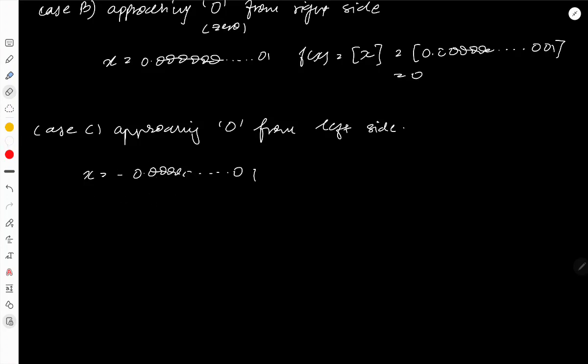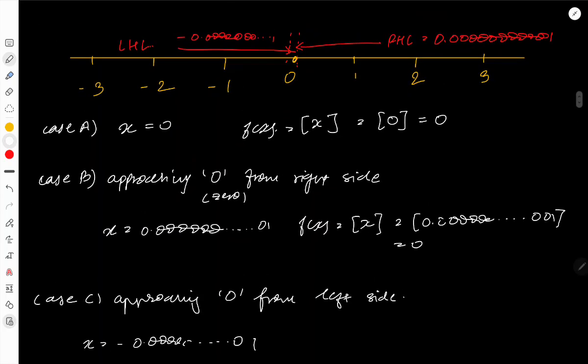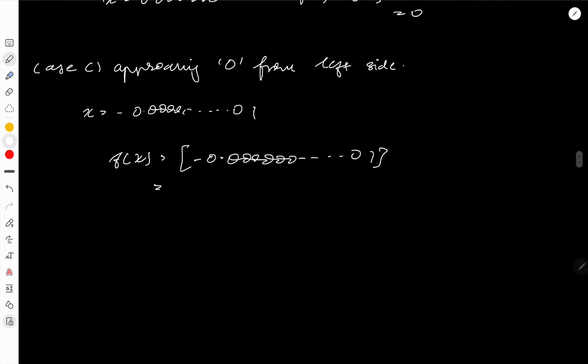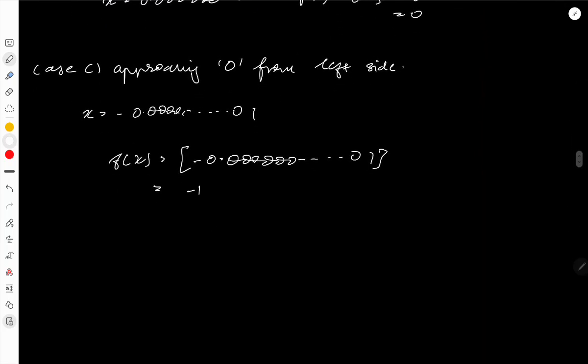If we put this in f of x, then the box of this function, that is, this indicates the greatest integer function, would be minus 1.